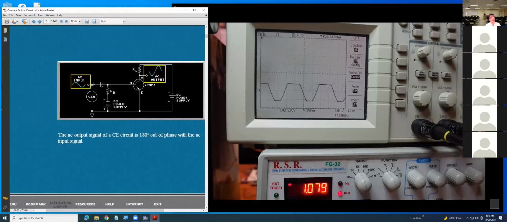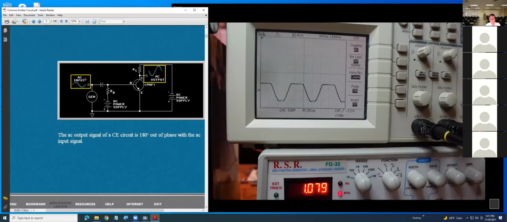The output is from the collector. This capacitor will be DC blocking or AC coupling. That means they allow the sine wave to go into the base, and the DC will be blocked.